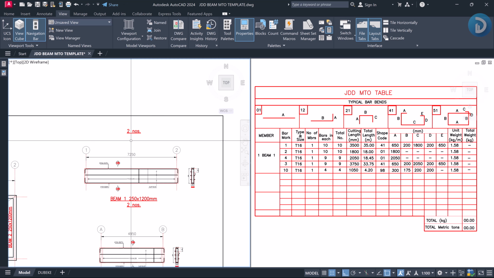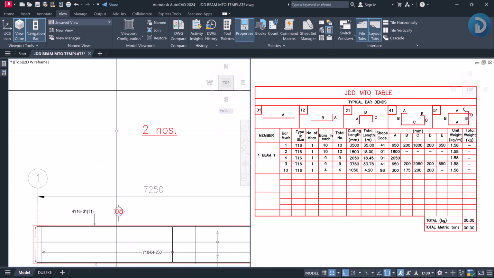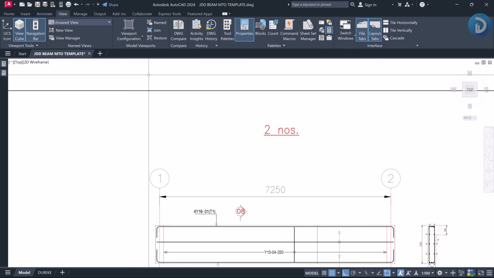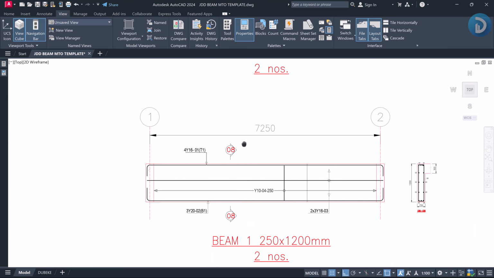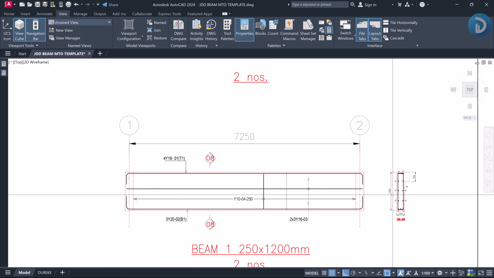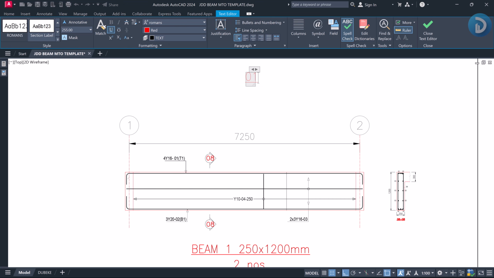What contributes to the different shape codes is the different ways in which your reinforcements are bent, right? So let me take this to a single screen. We'll be starting off with our bar mark 01, because a lot of other properties are tied to this shape code.